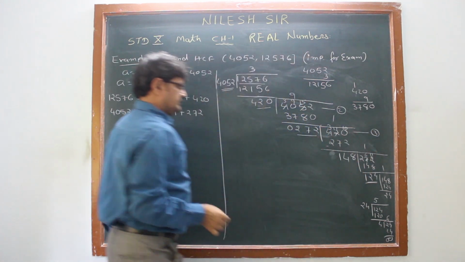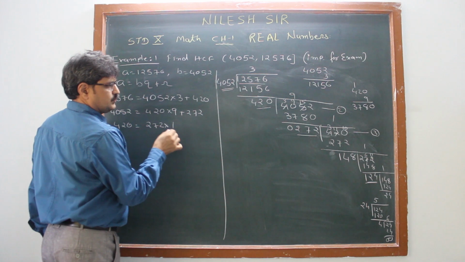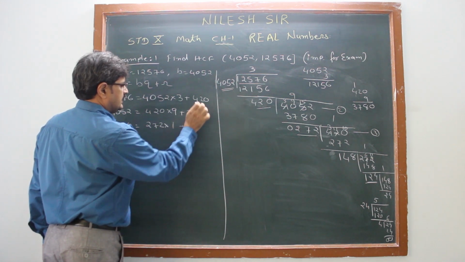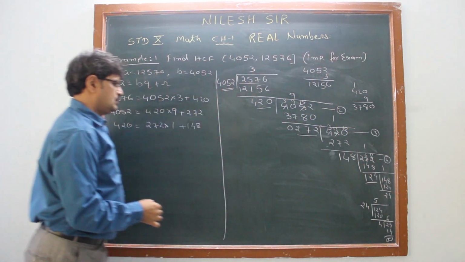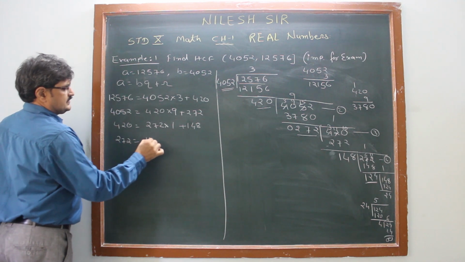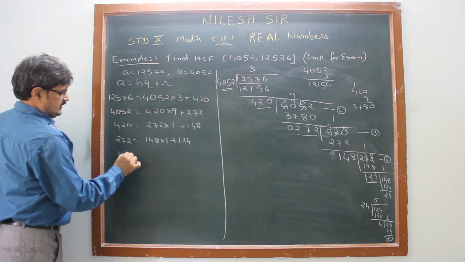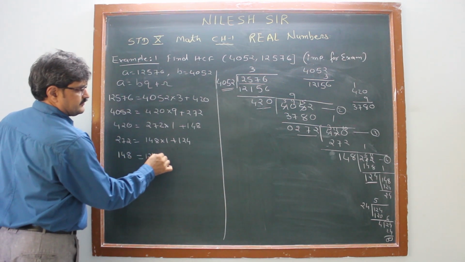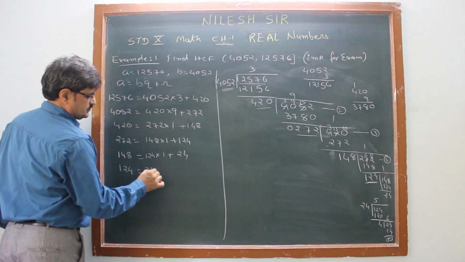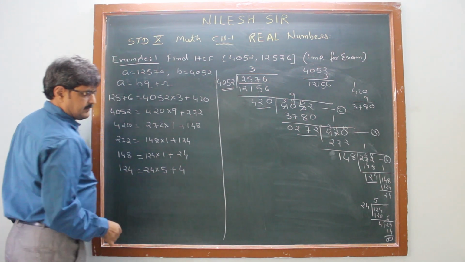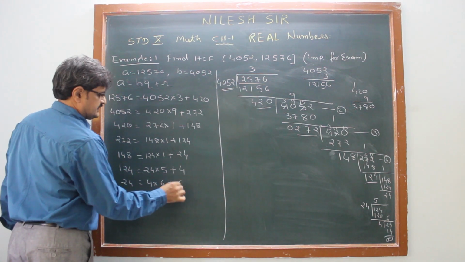Now the third dividend, which is 420, is equal to 272 into 1 plus 148. Now the fourth dividend, which is 272, is equal to 148 into 1 plus 124. Now similarly 148 is equal to 124 into 1 plus 24. Later on 124 is equal to 24 into 5 plus remainder 4, and at last 24 is equal to 4 multiplied by 6 plus 0.